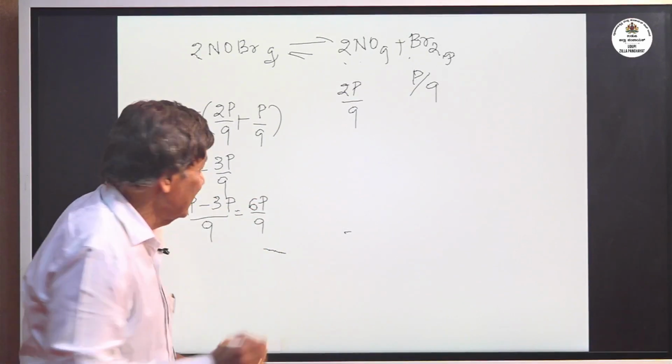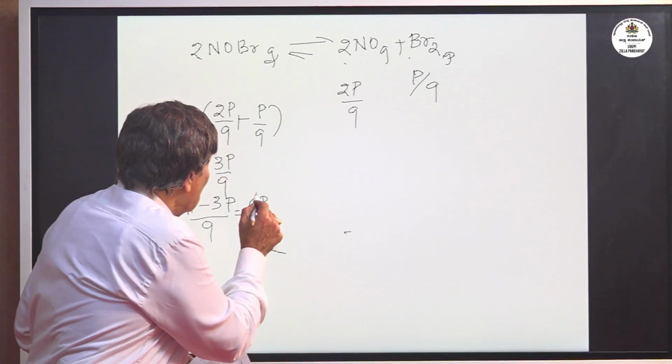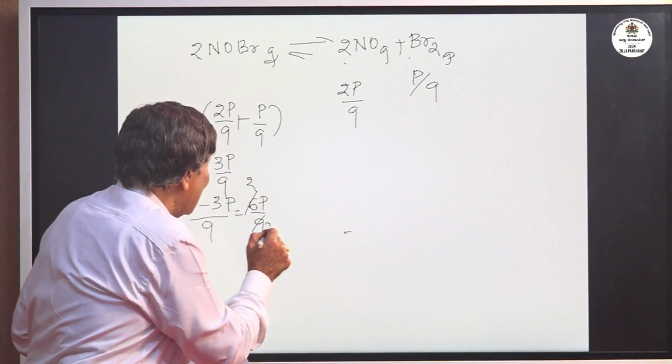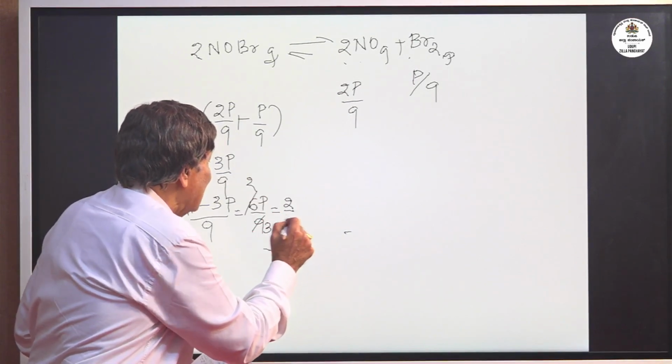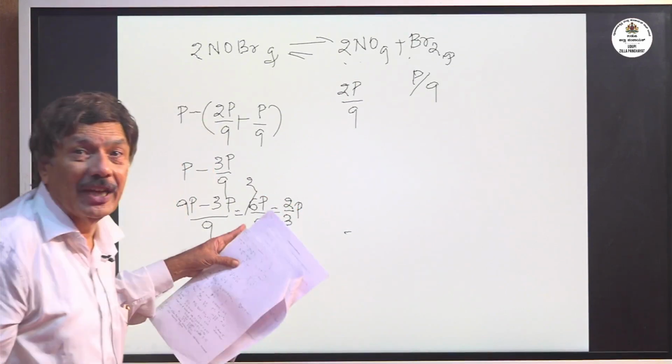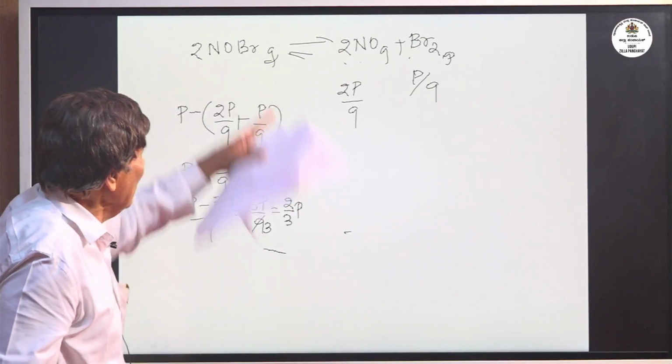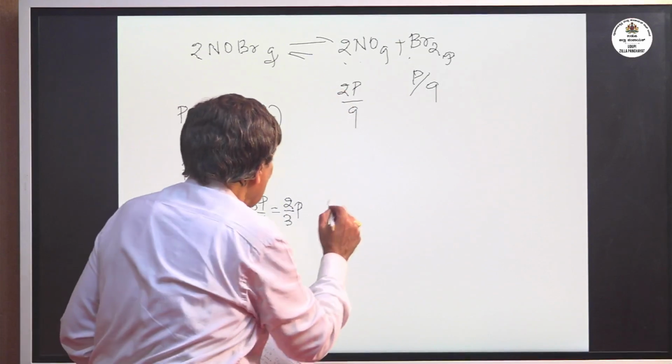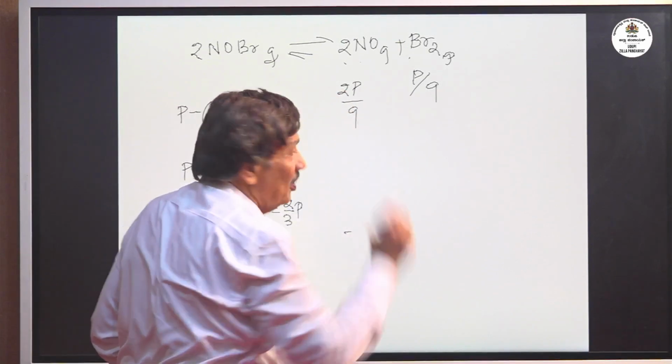You can write 2 by 3 P. 2 by 3 P is the partial pressure of NOBr. Then NO is 2P by 9, and Br2 is P by 9.